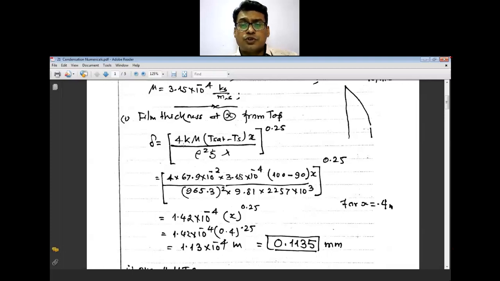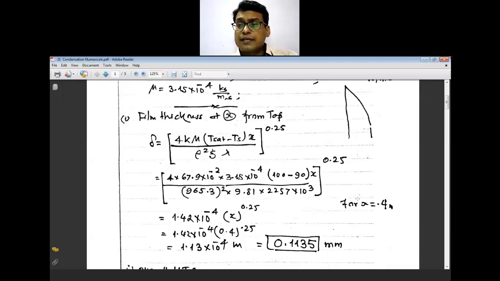For substituting, K is the thermal conductivity, mu is viscosity, then T saturated, since it's steam, is 100 degrees Celsius, and wall temperature is 90 degrees Celsius, upon the density, then gravity and the lambda.